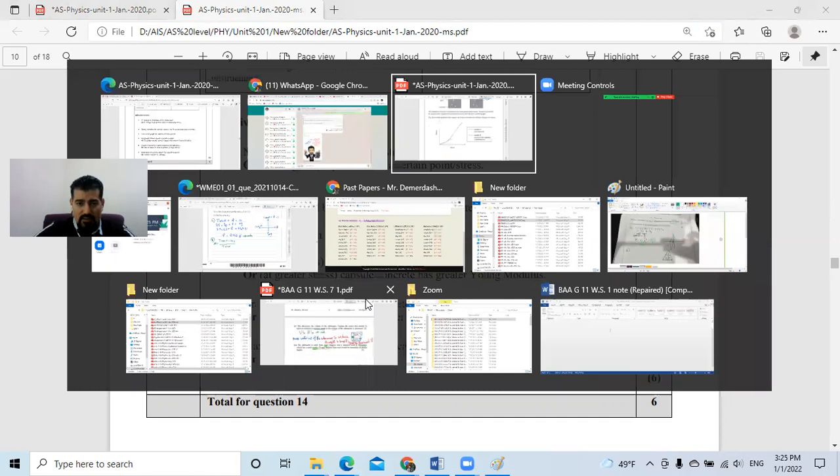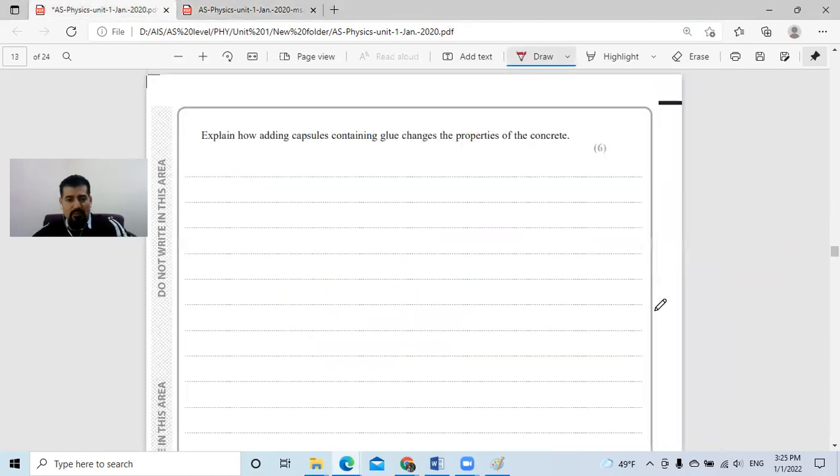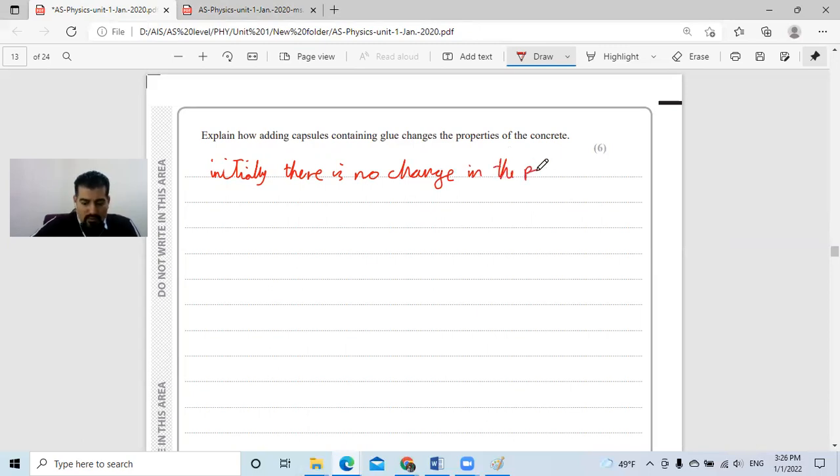So how are we going to answer this question, putting all these ideas together? Initially there is no change in the properties.